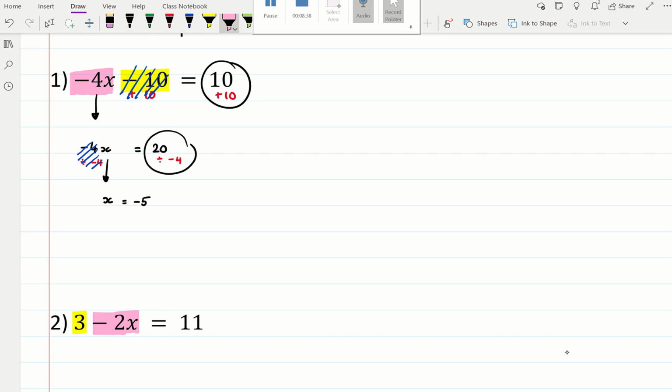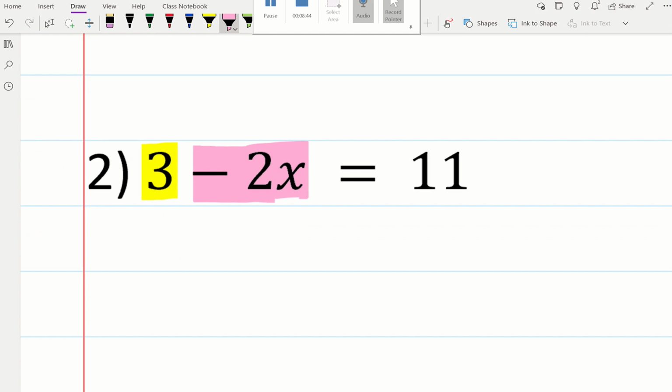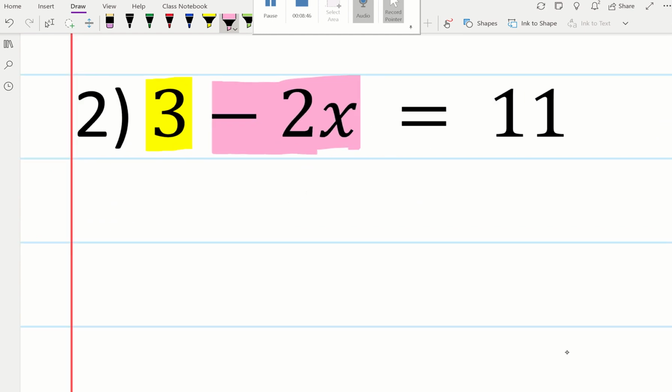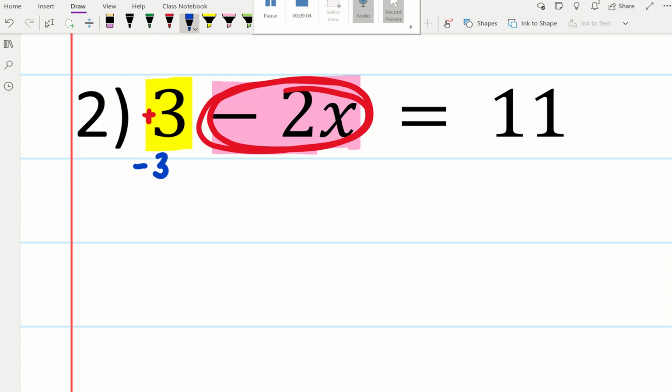I still focus on the number that isn't being multiplied by x, the number on its own. In this question, this number is 3. And when you read it, you will say 3. And 3 is a positive number. It's a plus. It's not a negative 3. The negative belongs to the 2x. So plus 3, the opposite of a 3 is a minus 3.